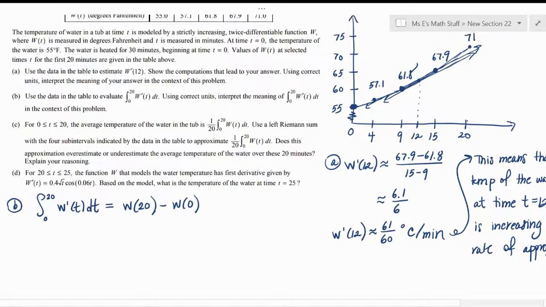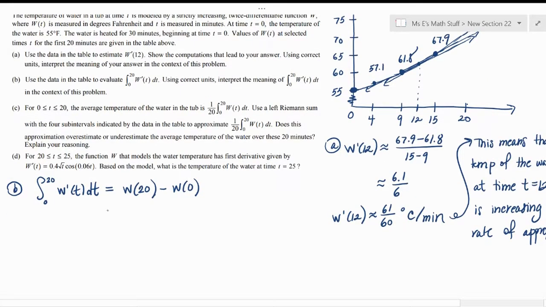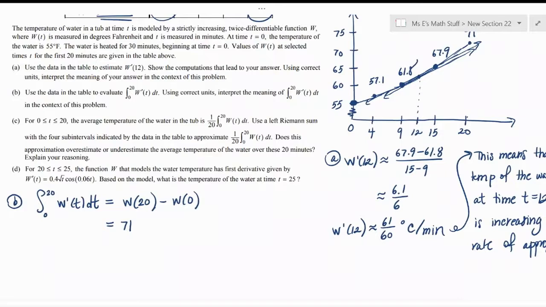Hopefully that makes sense. And then if you look at the table, or your graph for that matter, W of 20 is 71 and W of 0 is 55. And so now, if you're not sure how to put units on there, you could just ask yourself 71 what? And it would be 71 degrees Fahrenheit. You wouldn't have to put this here, but you could.